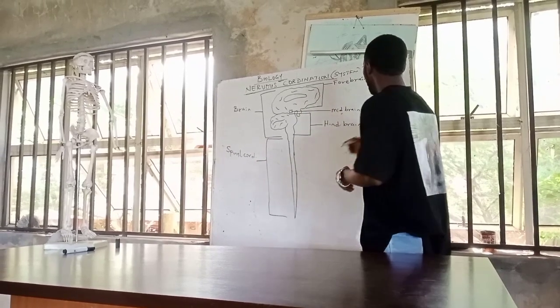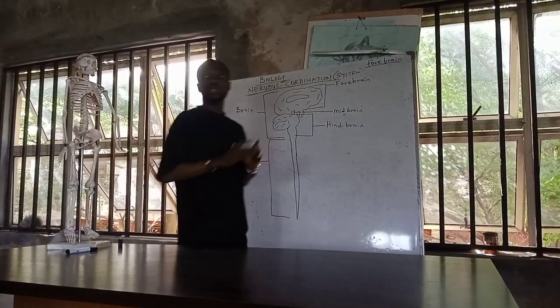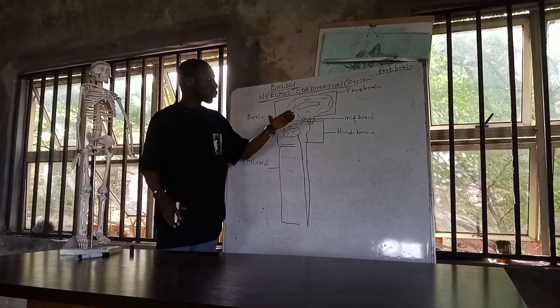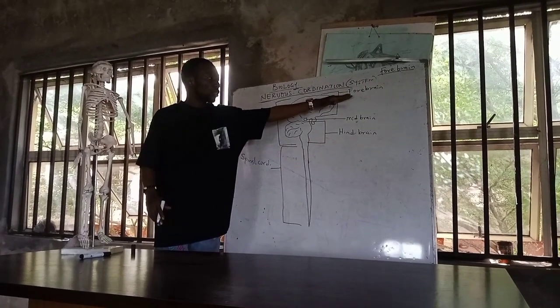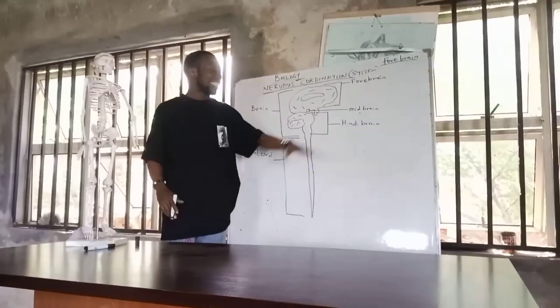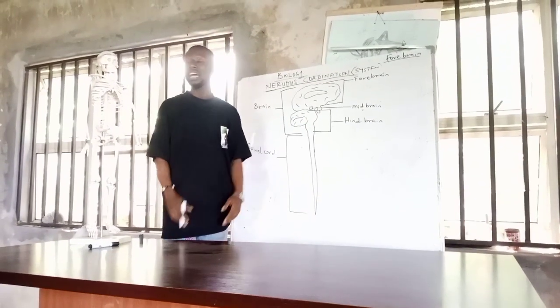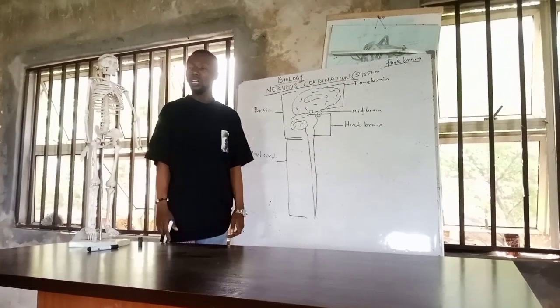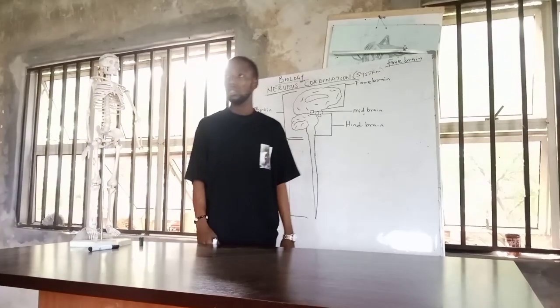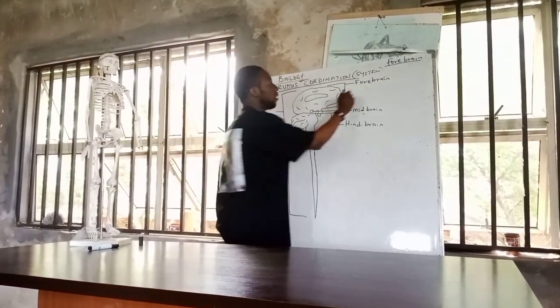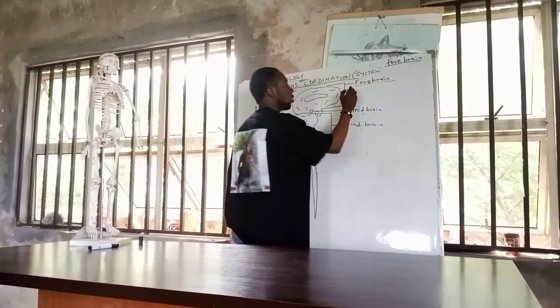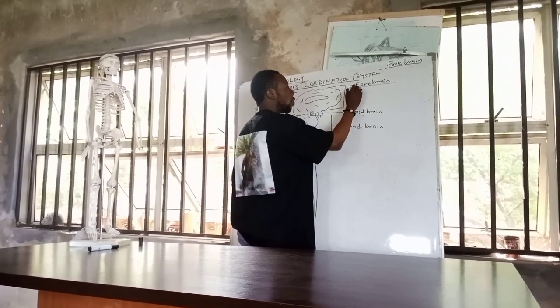Then we are going to look at different structures. We're going to look at the structures in the forebrain, structures in the midbrain, structures in the hindbrain, and their function. In biology, we relate structures to function. Here in the forebrain, we have the olfactory lobe.